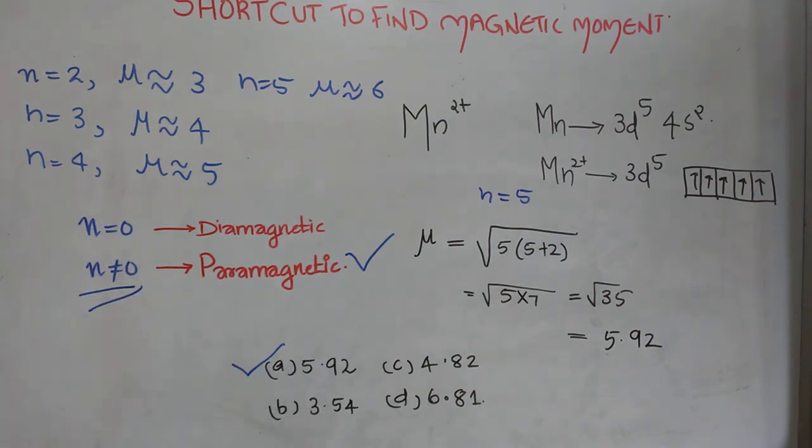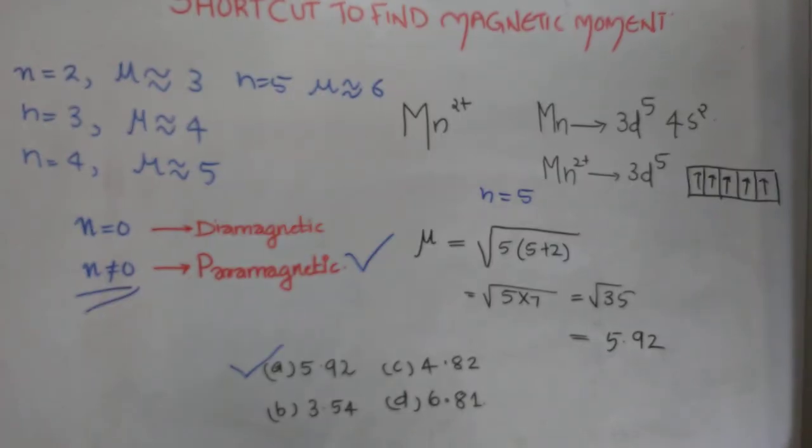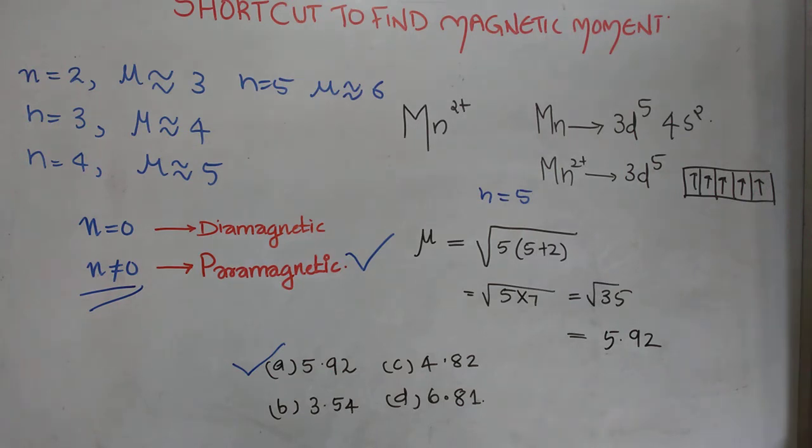So this shortcut fails only in the case when we are having closely related options. That is, if 5.92, 5.8, like that options are given, only in that case we have to do the calculation. Most of the time such questions do not come, or such options do not come.